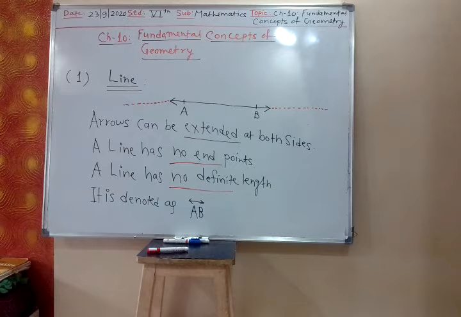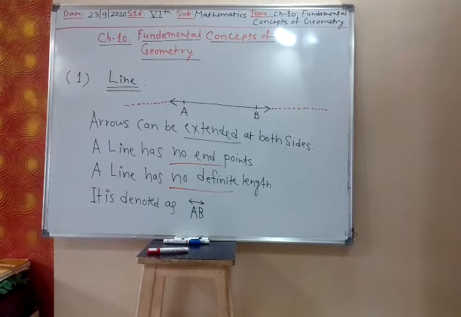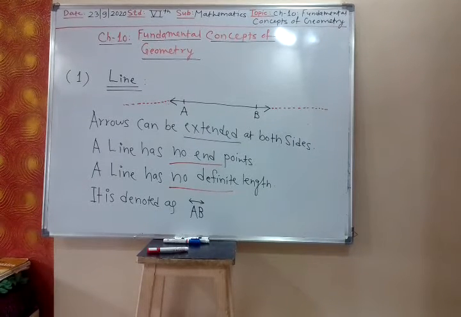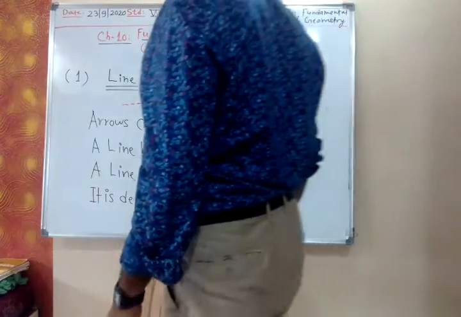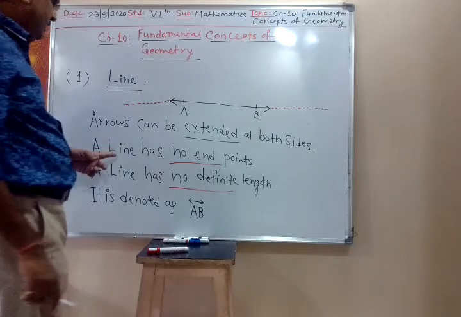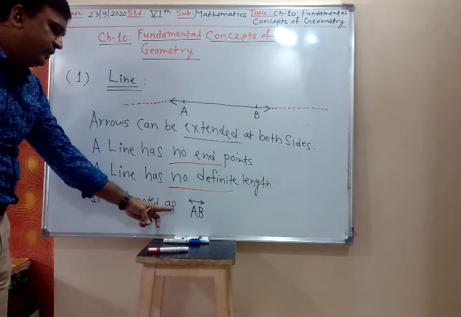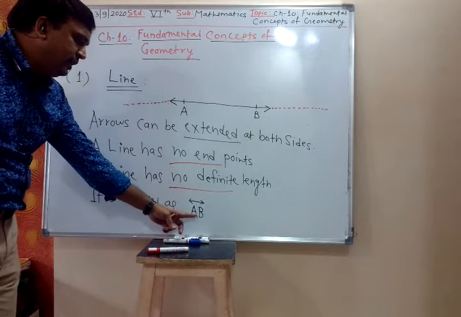This you remember. It is clear, right? Whenever there is an arrow at both sides, it means it is a line. Denoted as we have written AB.